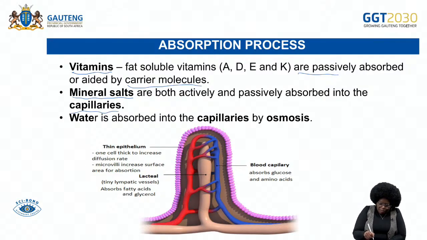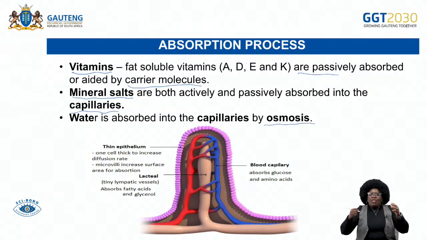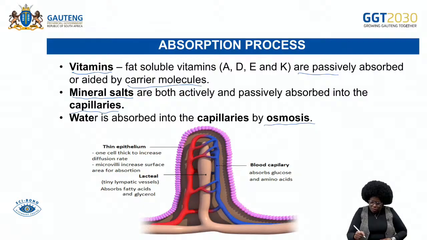Water is absorbed into the capillaries by osmosis. Just remember osmosis, diffusion, active absorption, passive absorption. These are the key terms that you need to know when you tackle absorption of food.